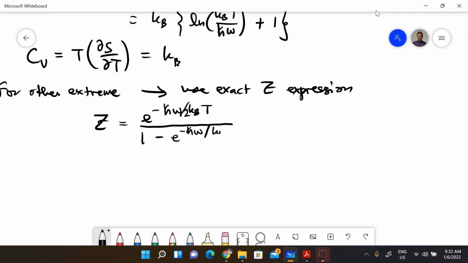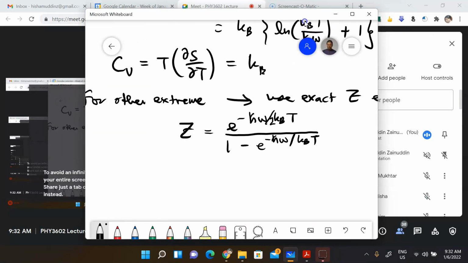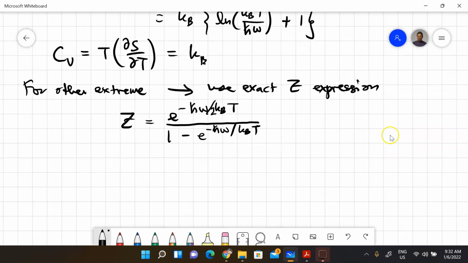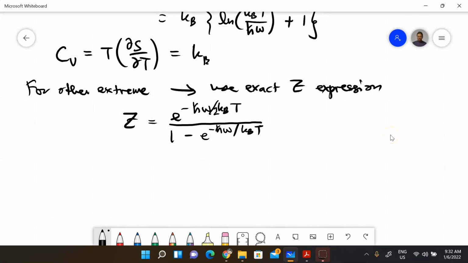And then again, what one needs to do is work out all the expressions. The first one is your free energy. Here again, when you take the log of two factors, in this case a division, what one does is take the log of each.